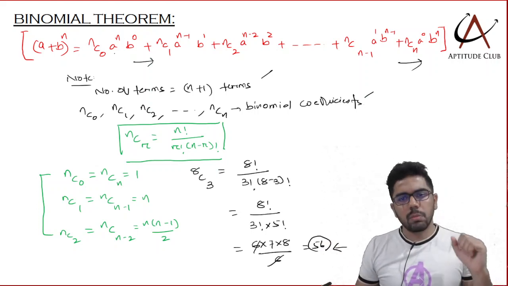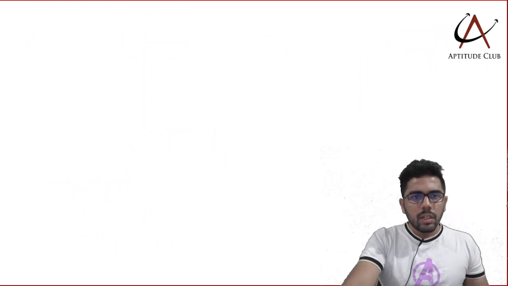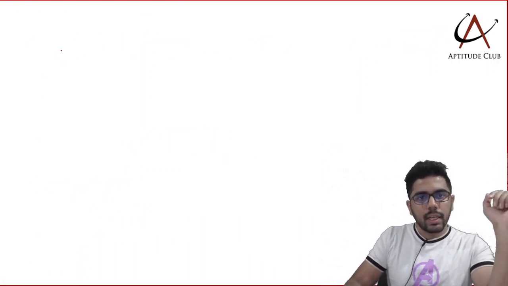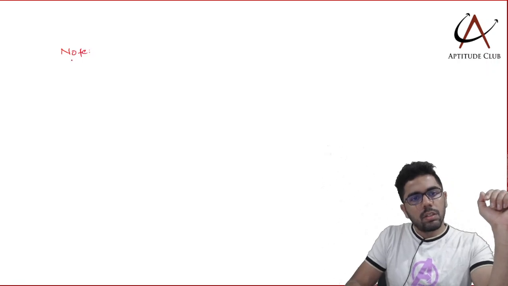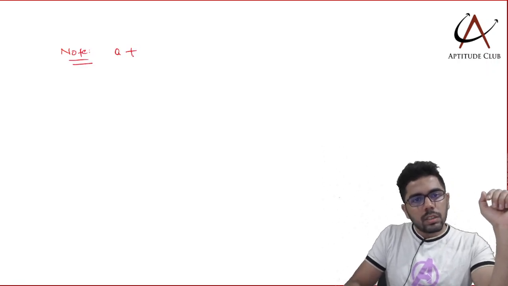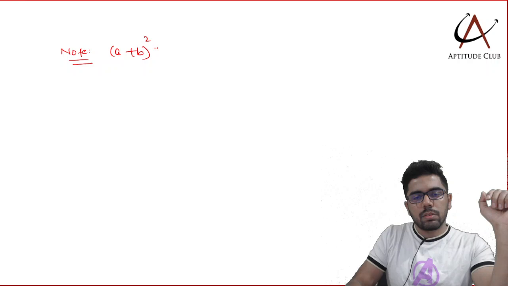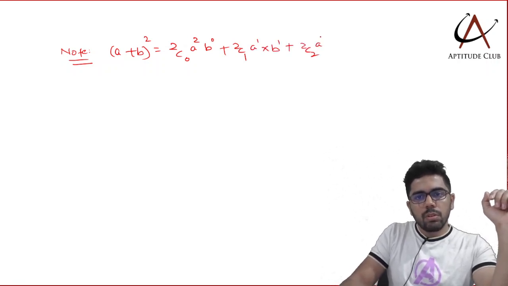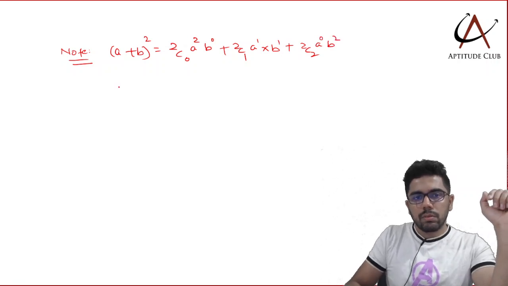Now just think about it. Let me write a few expansions from the binomial point of view, तो थोड़ा idea आ जाएगा कि expansion है क्या. Just for understanding's sake, suppose मैं a plus b whole square लिखता हूँ. So I'll write it as 2c0 a to the power 2 b to the power 0 plus 2c1 a to the power 1 b to the power 1 plus 2c2 a to the power 0 b to the power 2.